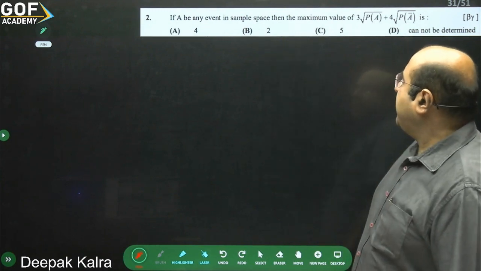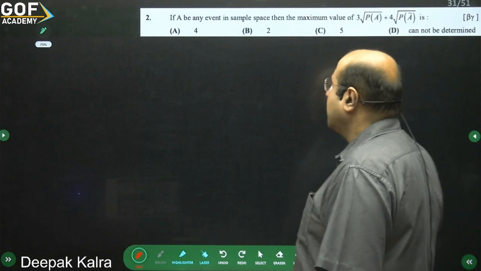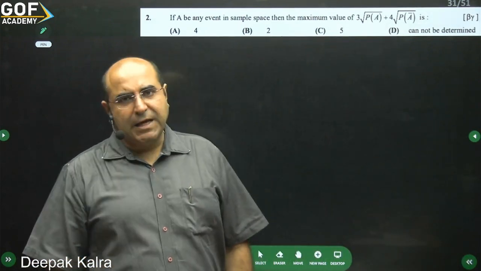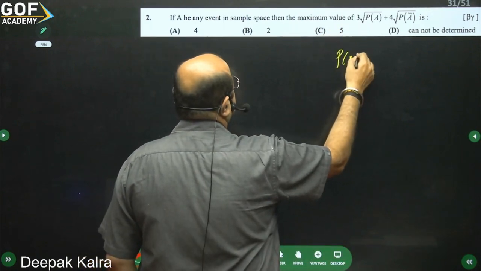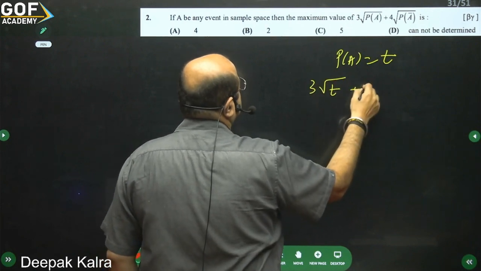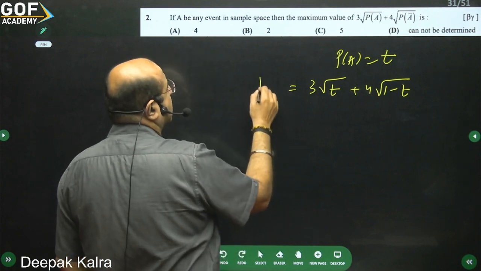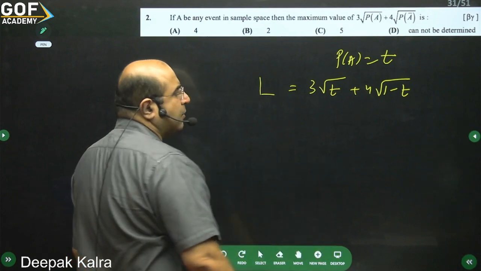Let A be any event in the sample space, then the maximum value of this. Again, maximum comes, so either apply AM-GM or you go with calculus. It would be better you go calculus. P(A), assume as T, some value, 3 times T plus 4 times under root 1 minus T. Take it as some L value.